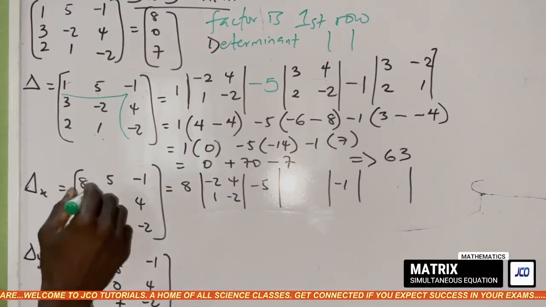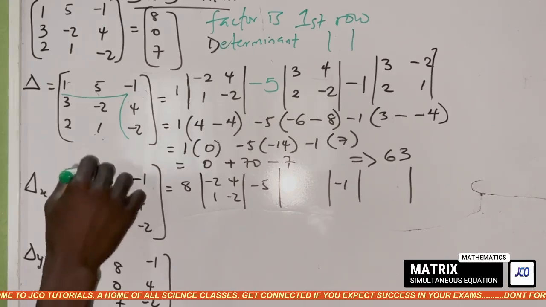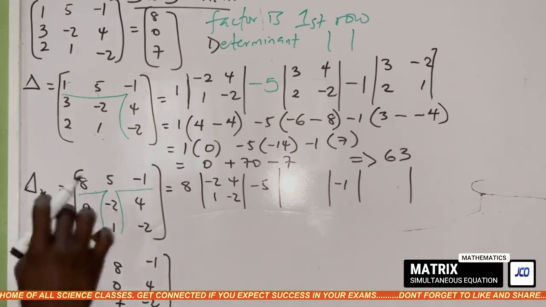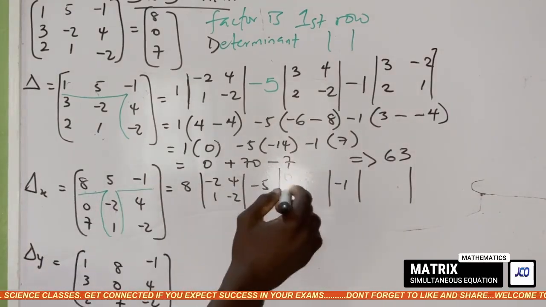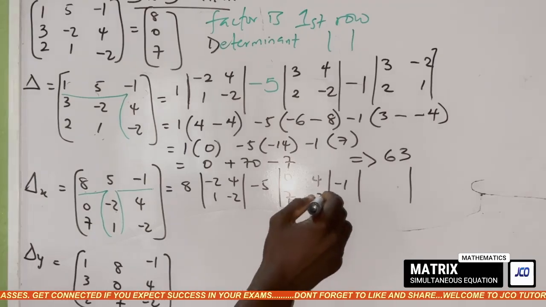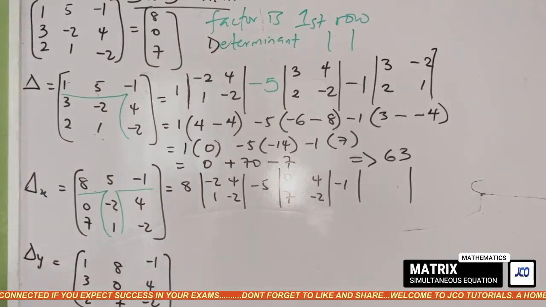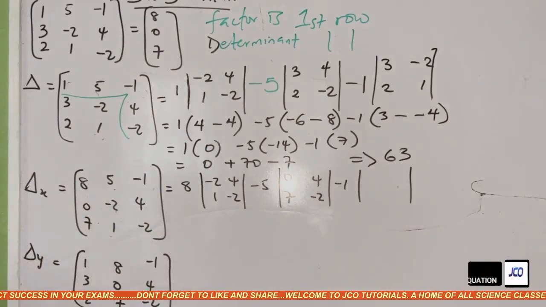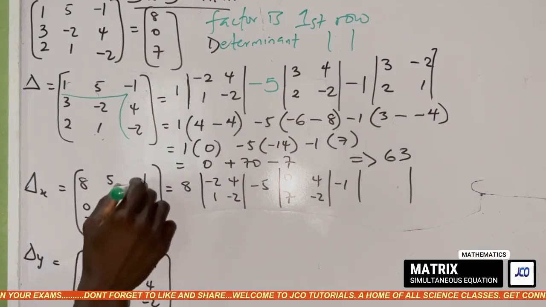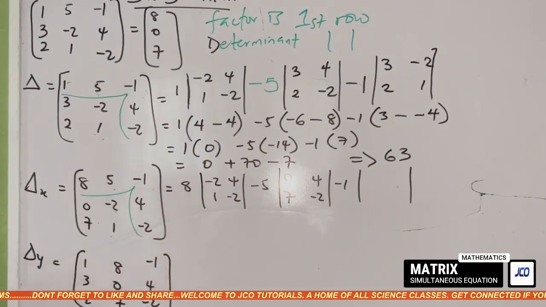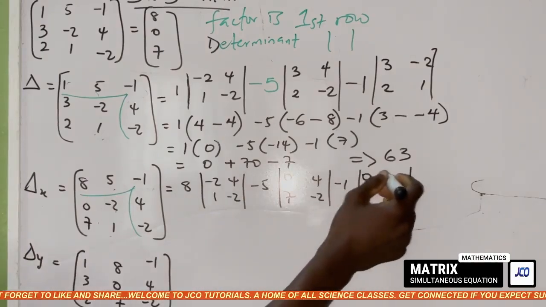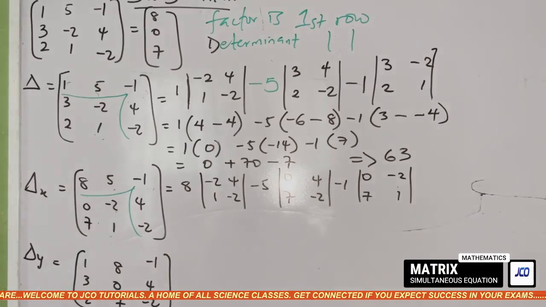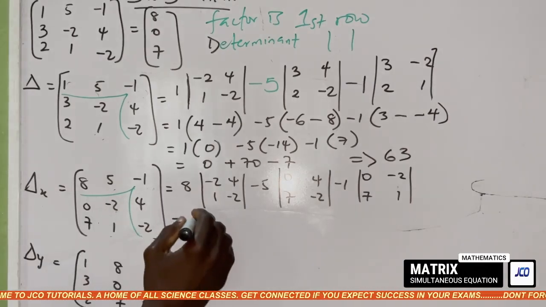When you take the next 5, his own row and his own column are gone. We have 0, 7, 4, minus 2. Then the minus 1: take his column, take his row. You have 0 and minus 2, 7 and 1. Please pay attention, it's going to be a long ride, so I'm taking it gradually.